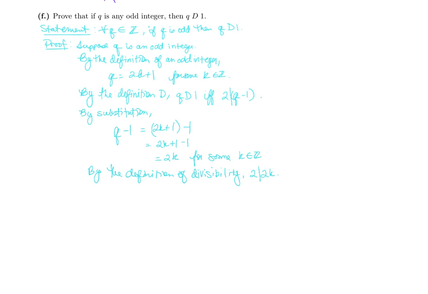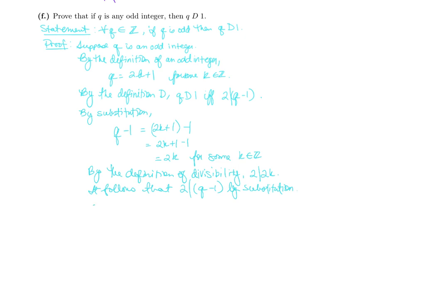So we can say then, by plugging back in, we know that 2K is Q minus 1. So it follows that 2 divides Q minus 1 by substitution, if you want to plug it back in.